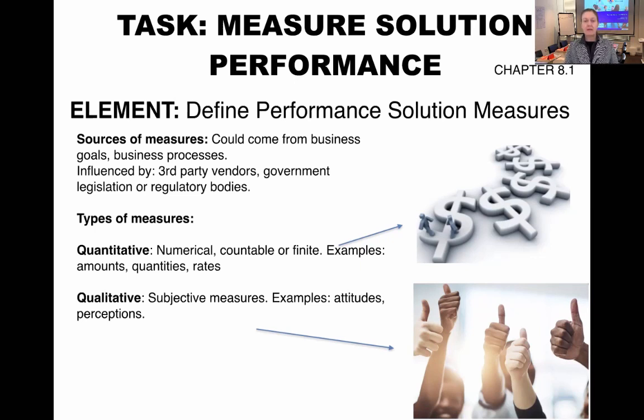Examples of this would be amounts, quantities, or rates. Whereas a qualitative measure is more of a subjective measure. This is things like people's attitudes or their perceptions of a particular solution and how they feel about things. So it's not as tangible, however, it's still a very important measurement to keep an eye on.